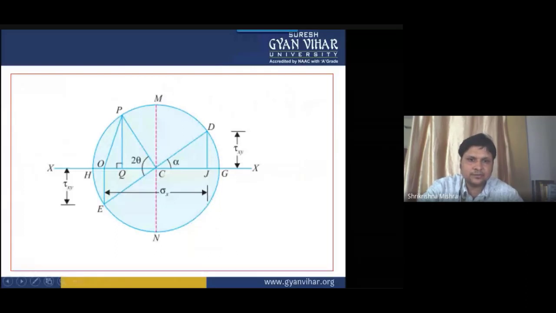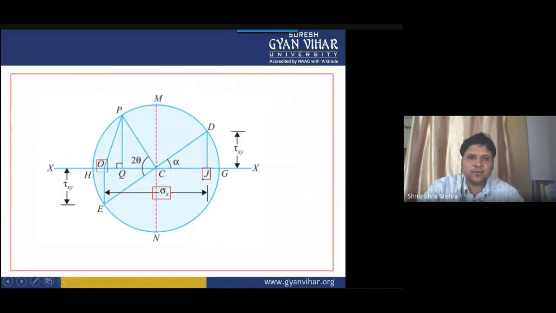Right. So this was the diagram which I have drawn in order to explain to you. This is the diagram, students. I have zoomed this diagram. You can see in the diagram that first of all we have taken an origin point O. Then from this origin point we have taken a length equal to sigma x, and we have marked a point J on the x-axis. Then, since there is no stress along the y-axis, we have not taken any K point here as in the previous case.